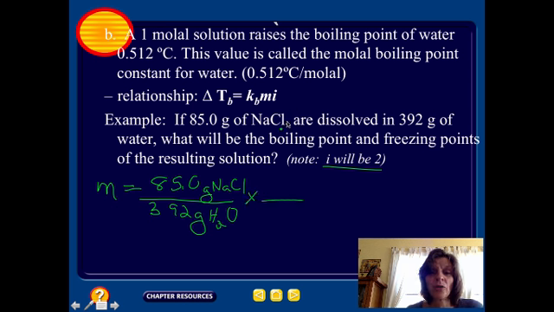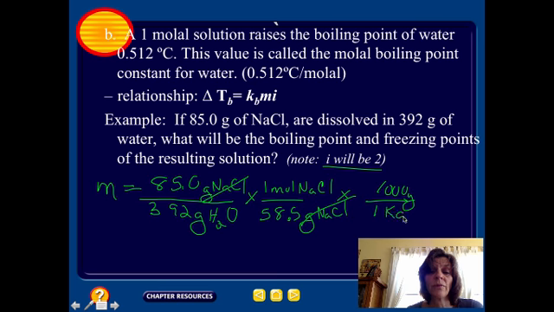Let's do some conversions. We need moles per kilogram. So let's change grams to moles first. 1 mole of NaCl is 58.5 grams of NaCl. Okay, now 1,000 grams of water equals 1 kilogram. It's actually true for grams of anything, but we're dealing with water.